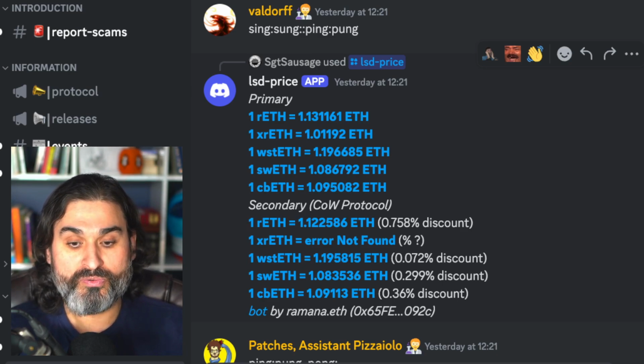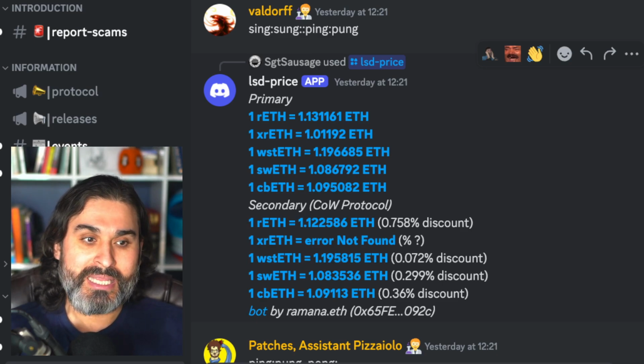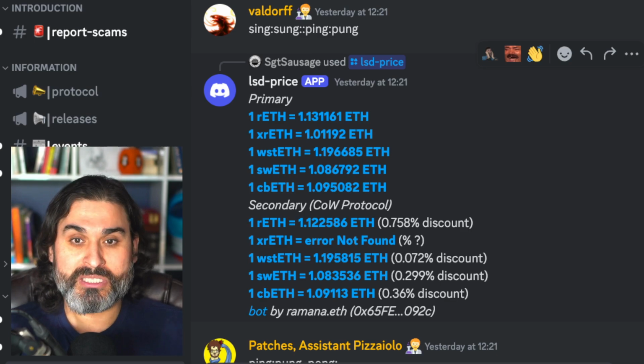So there will hopefully be some ways of people getting their ETH back at a better rate, but mostly it's going to be this dynamic until something changes at the protocol level.